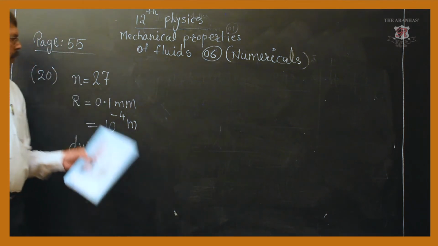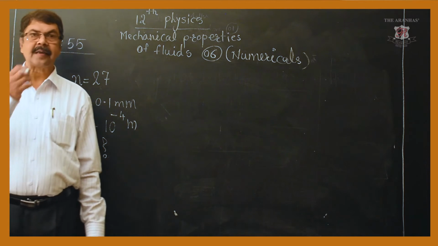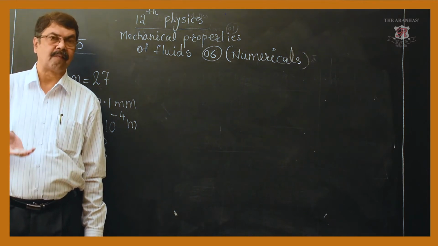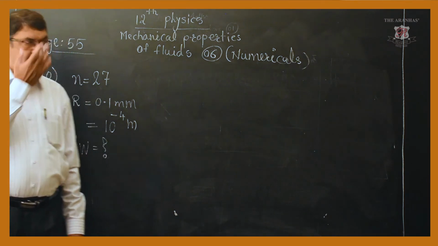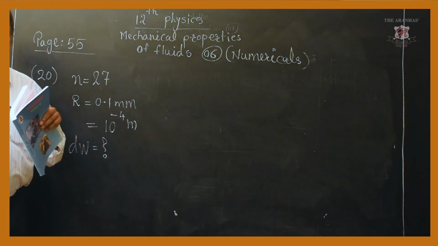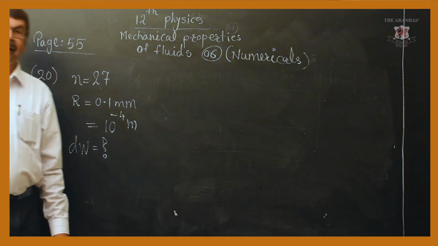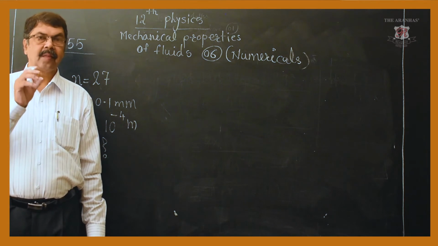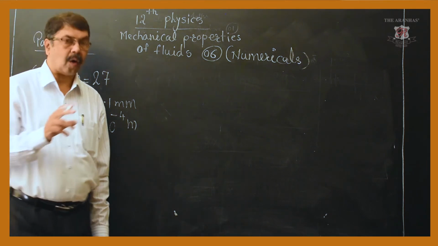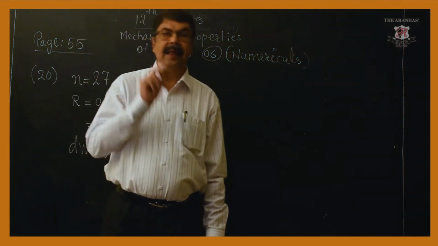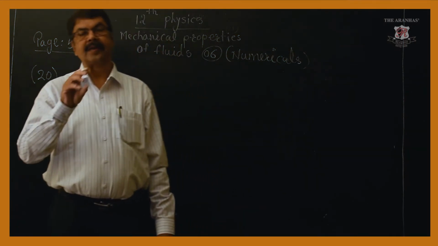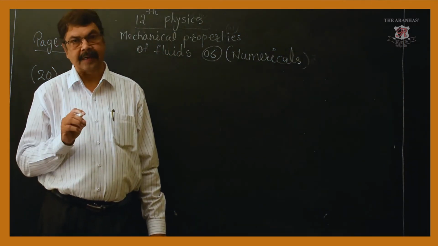See, when droplets are there, it has more surface area. When they coalesce and become a single bigger drop, then the surface area of the bigger drop is less than the total surface area of the small droplets.